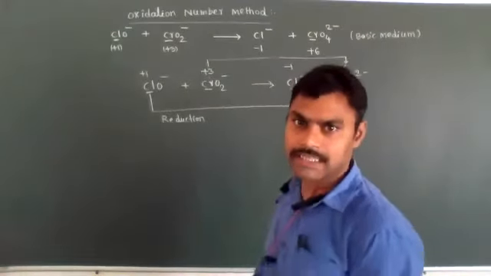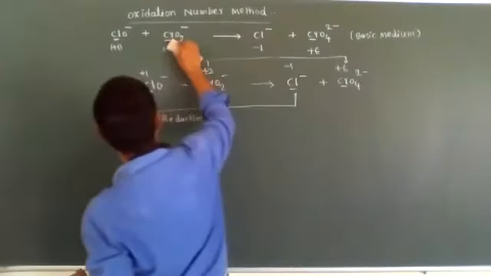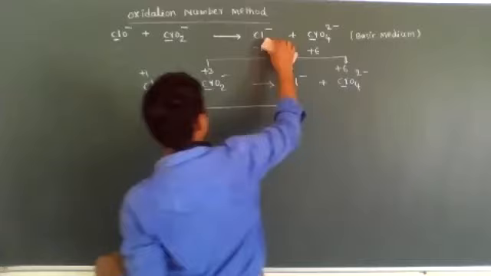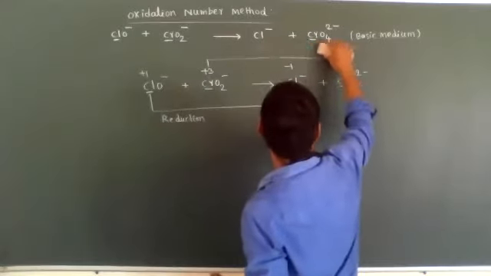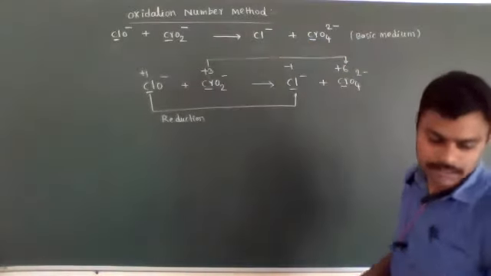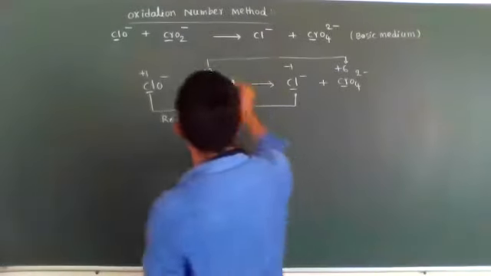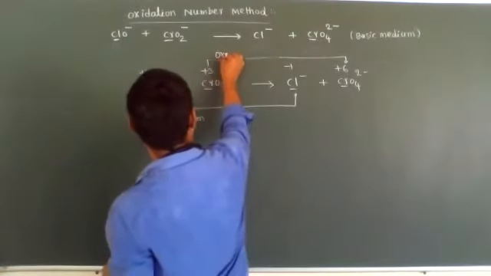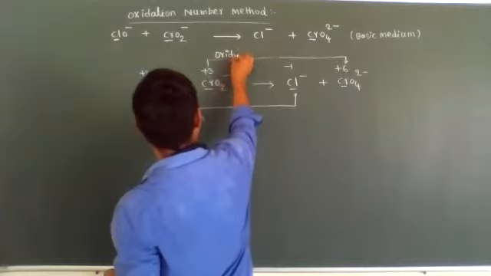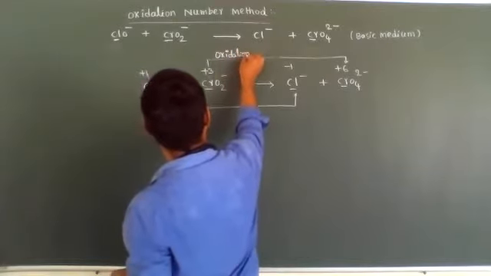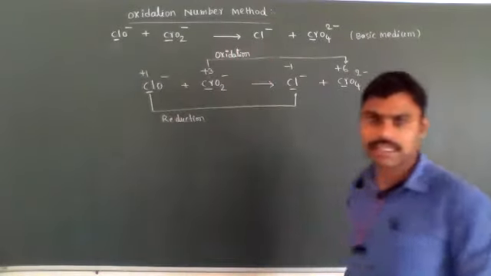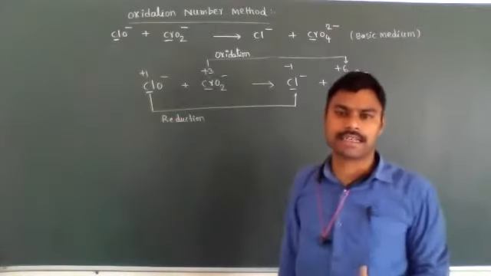Chromium +3 is converted into +6, which means the oxidation number increased. That is oxidation. In oxidation, the oxidation number is increased; in reduction, the oxidation number is decreased.